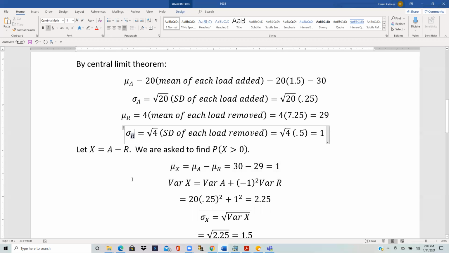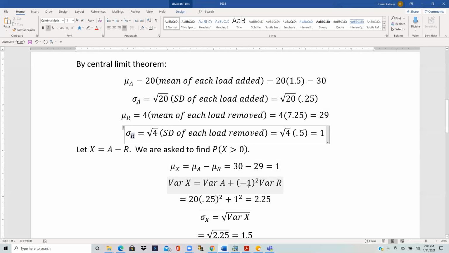The variance of X will be 1 squared variance of A plus negative 1 squared variance of R, because we know that the variance of aX plus bY is a squared variance of X plus b squared variance of Y. The variance of A is the square of its standard deviation, so 20 times 0.25 squared, plus the variance of R, which is 1 squared, that is 1.